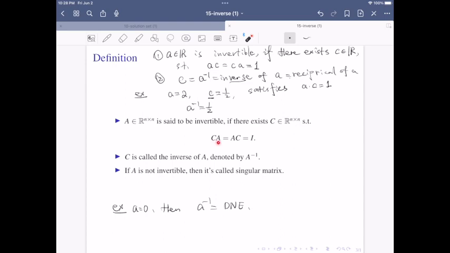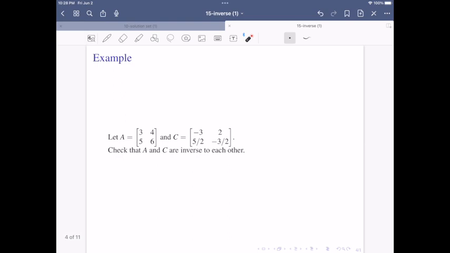So if CA equals I or not, or AC equals I or not. So we can look at AC first, which is 3, 4, 5, 6, and negative 3 to 5 over 2, negative 3 over 2.